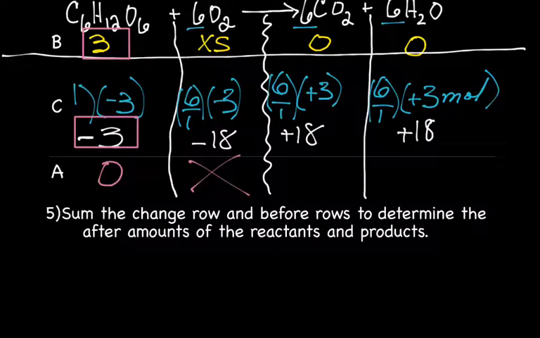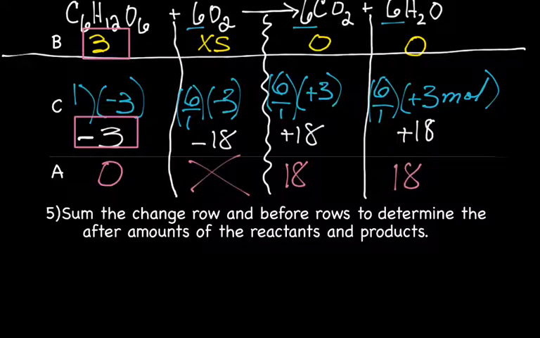For the carbon dioxide, we started with none. We had a change of 18 moles, so we're ending up with 18 moles. And for the water, again, we started with none. We created 18, so we have 18 moles.